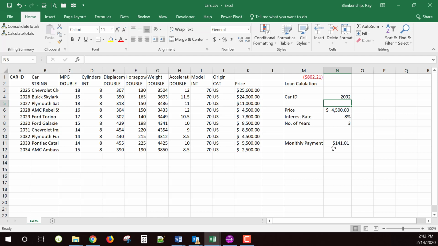And so we'd make monthly payments of $141.01. What if I want to get this paid off in a year? I just put in 1. Then I would pay $391.45. What if I could get a better annual interest rate? I could put in 0.06 and see how that affects the payment function.